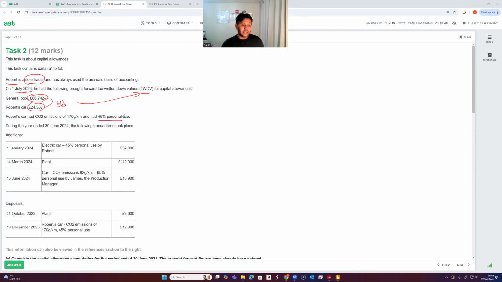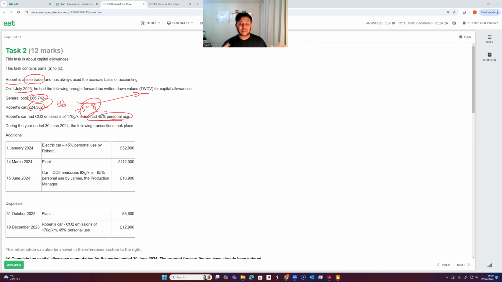We can understand here that we have a CO2 emission of more than 50 grams, and if it is more than 50 grams, normally it will be treated as either a special rate or private use asset. When you look at the box, you will see this asset showing under the private use asset, because 45% is used for personal reasons. Now I'll show you on the board how to understand where the car valuation will go.